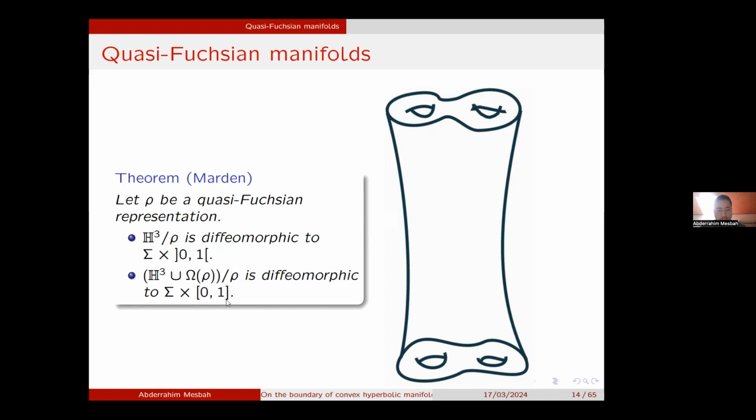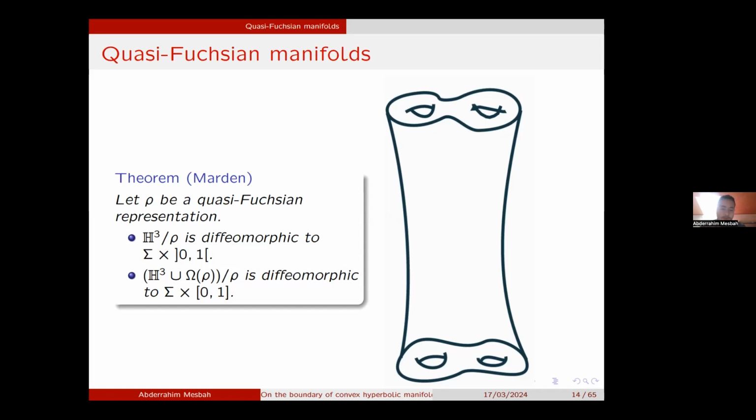But here one should notice that in that case, when we add the domain of discontinuity, we don't have a metric on the boundary, which is Σ times 0 union Σ times 1. We don't have a metric because the hyperbolic metric doesn't extend to the ideal boundary, as we have seen, because of that conformal factor that goes to infinity.